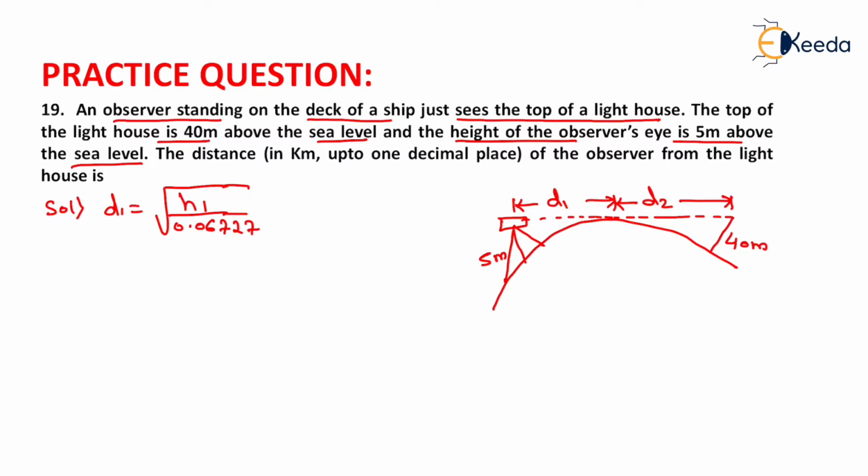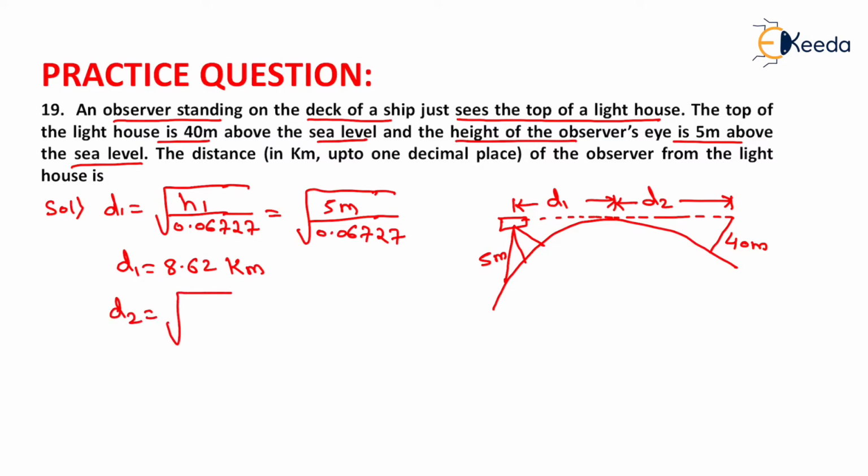On putting the value of h1 as 5 meter, divided by 0.06727. On solving this, that is 5 divided by 0.06727, under root of the value, it will be equal to 8.62 kilometer.